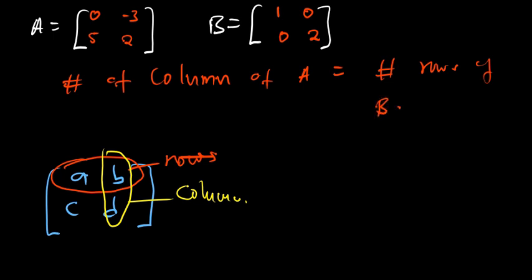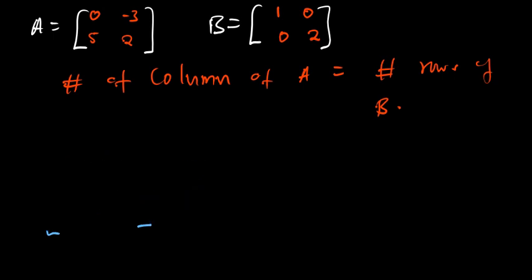So you should remember that these are rows and these are columns. So the number of columns should be equal to the number of rows of the other matrix you are trying to multiply with.